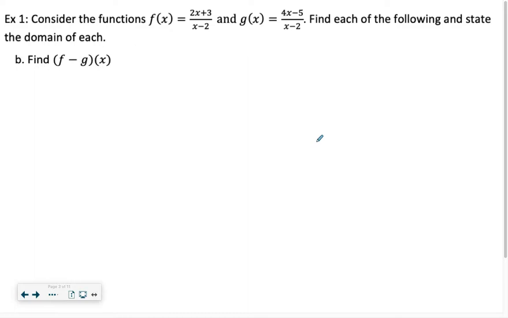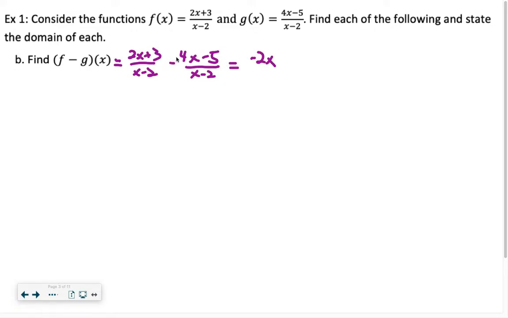Subtraction is very similar. Right? And again, we already have common denominators, so that makes this subtraction pretty straightforward. All I'm going to do is subtract terms in the numerator. But again, we have to make sure that we keep our signs straight. So I'm going to have 2x minus 4x. That would be negative 2x.